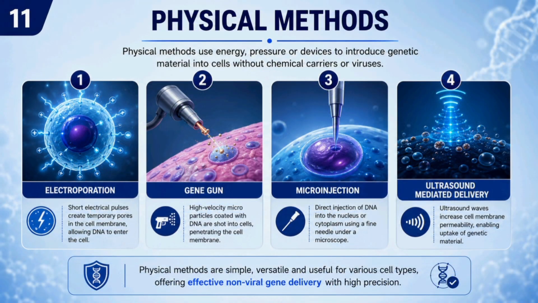Physical methods of gene delivery. So far we discussed viruses and chemical carriers. Now we will study the physical methods, where physical forces help DNA enter the cell. That is electroporation. Scientists apply very short electrical pulses.